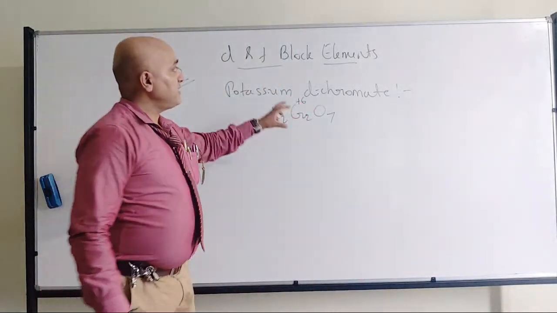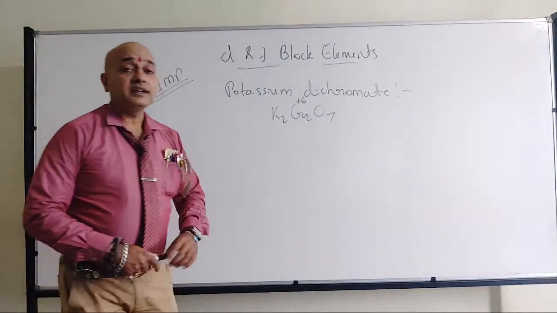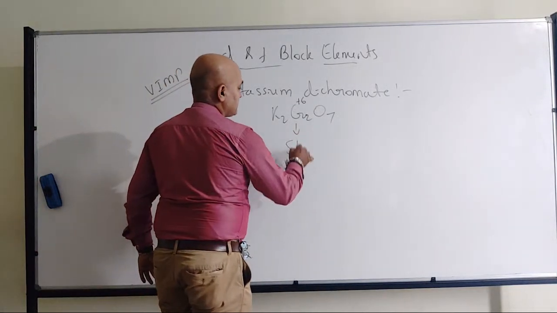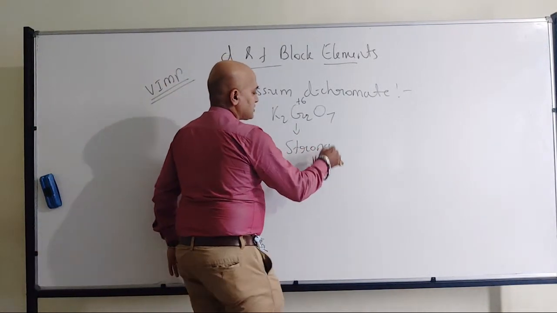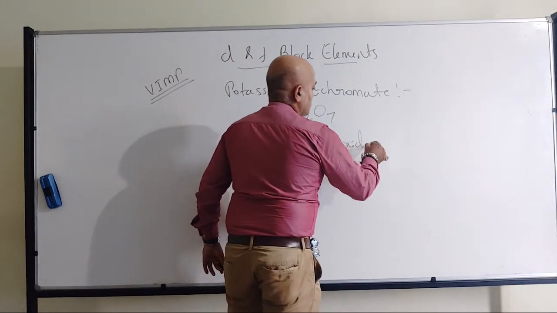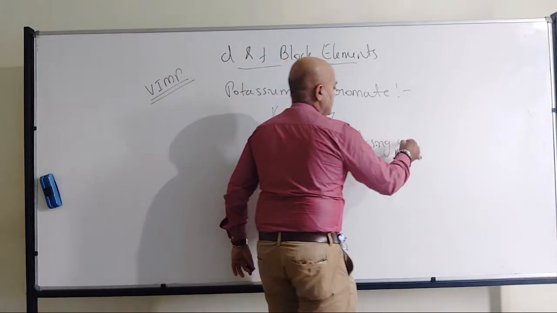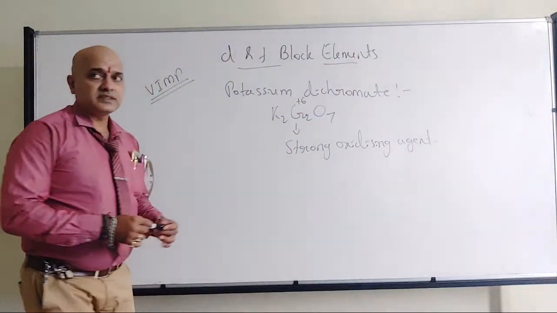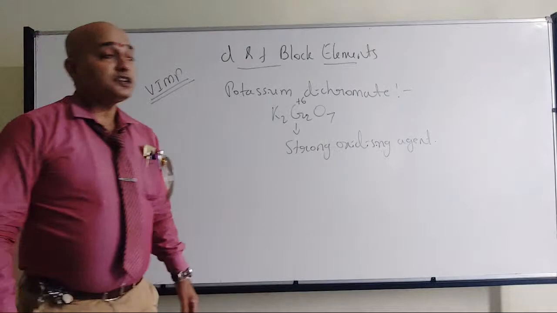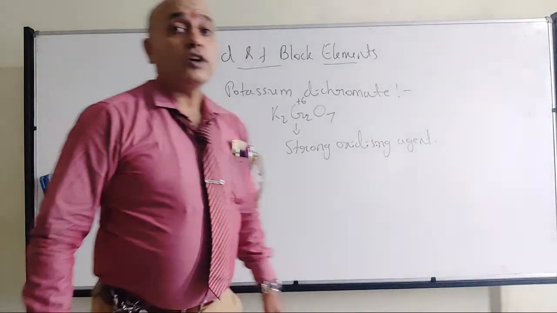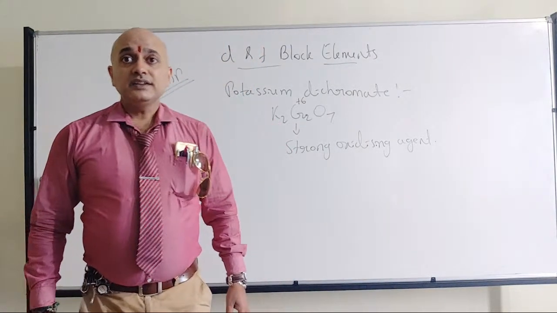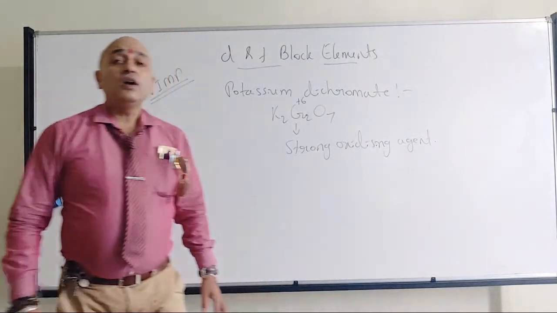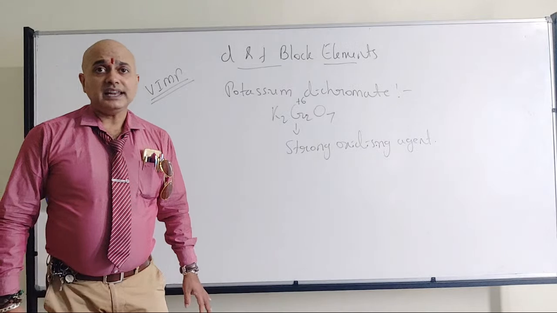Fine? So that's why we have potassium dichromate. It is a very strong oxidizing agent. Even in organic chemistry we have discussed the same thing, right? So potassium dichromate is a strong oxidizing agent, therefore it will be used as a reagent wherever oxidation is required in a reaction.